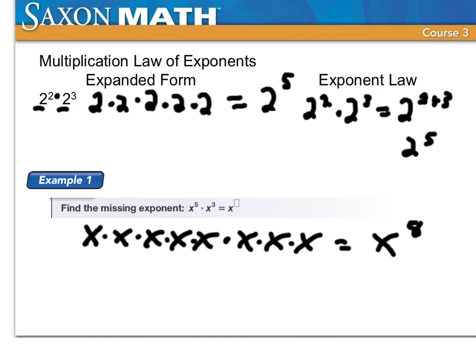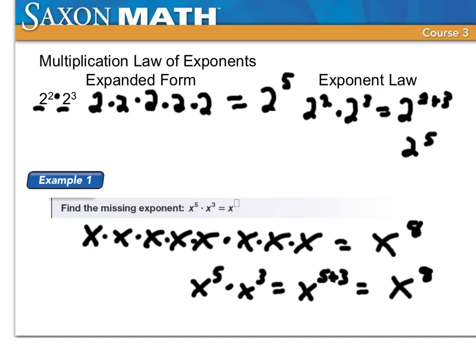So it's x to the 8th power. Or we could do this a simpler way, the nice easy way that we just learned. The exponent law is when we take a base raised to a power and multiply it by the same base raised to a different power, we add the exponents. So that's x to the 5 plus 3, which is x to the 8th. So our missing exponent is 8, x to the 8th power, when we use the multiplication rule.